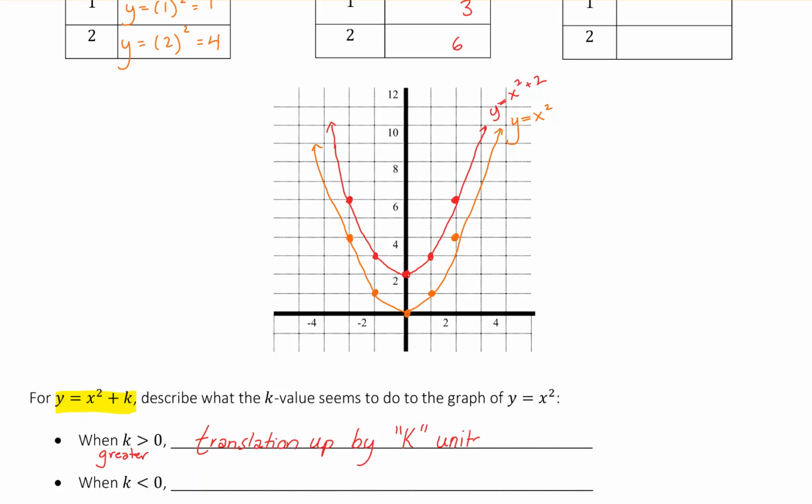So if k was 3, we would move it up 3 units. If k was 4, we'd move it up 4 units. But here it was 2, so we moved it up 2 units. When k is less than 0, say -2, the opposite of the example, it would be a translation down by whatever our k value is, given that k value is negative.